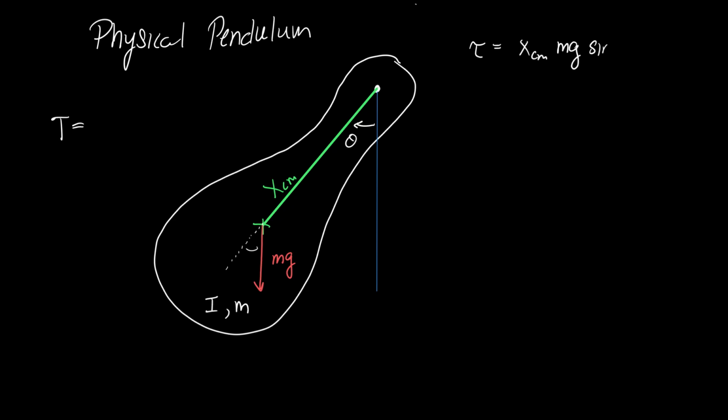So I'll say sine theta. Is this an unbalanced torque? Yeah. This is an unbalanced torque that's going to cause an acceleration. Now, if we say that the clockwise direction is the positive direction, then this torque is negative because it's causing the object to travel in the counterclockwise direction.